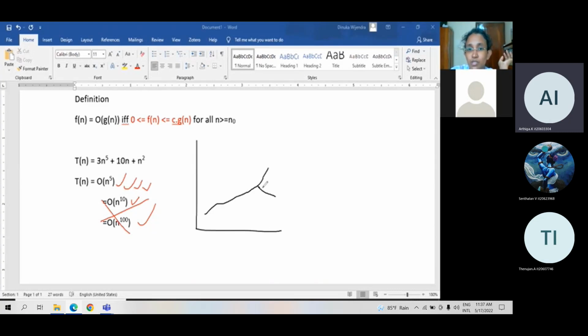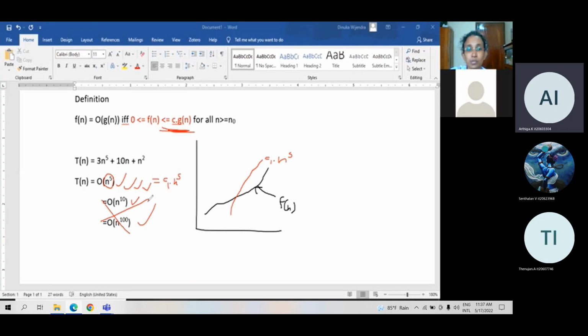Just think this is your original function, f(n). If you want to say this one is big O, apply this condition: take the middle value here, N^5, and multiply it with a constant, and that has to be greater. So C1 N^5 has to be bigger. In order to say this is bigger, N^5 has to be multiplied with a very large number.